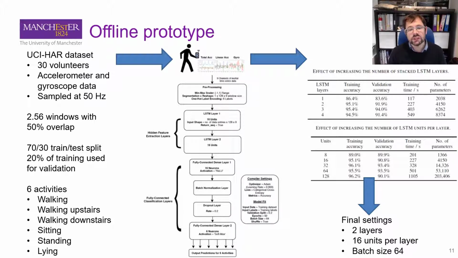We've got the structure of our network on the screen here with 2 LSTM layers, and we did some investigation into the optimal number of layers and the optimal number of LSTM units per layer, in order to decide on the final structure for us to use, with that being the structure in the middle picture here.